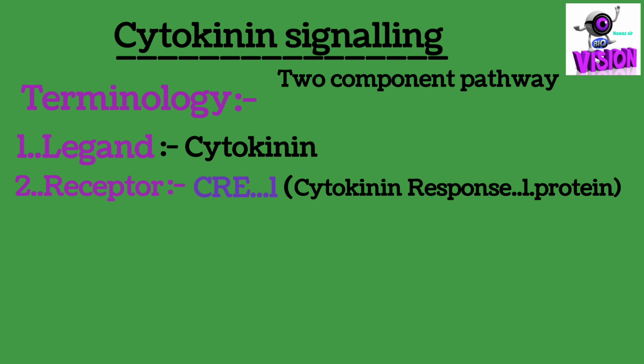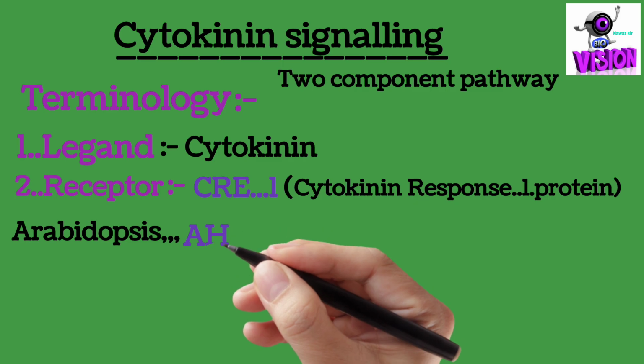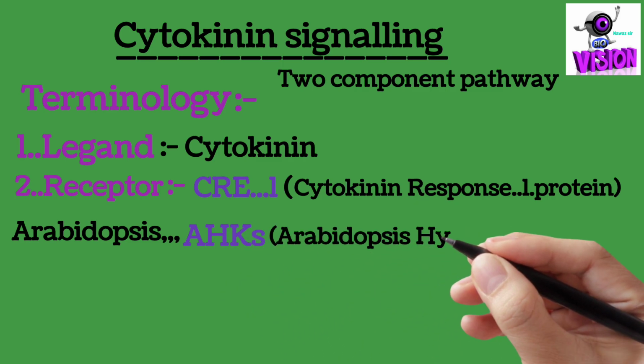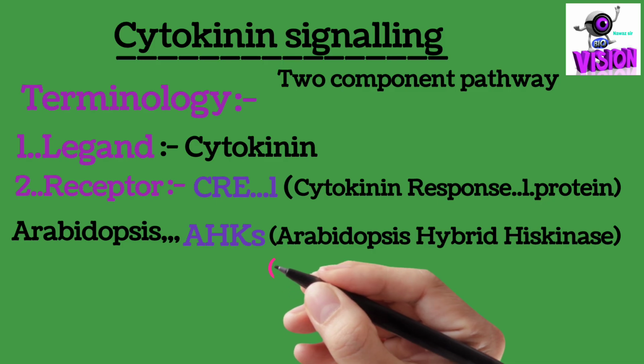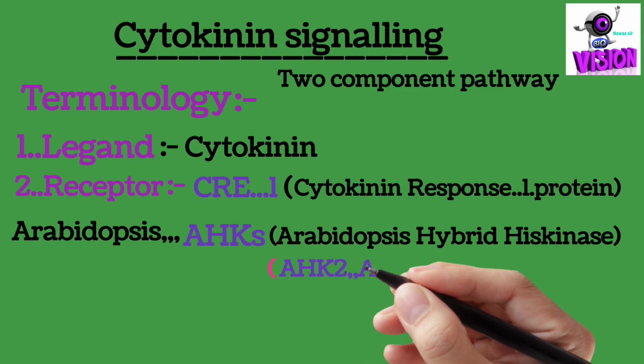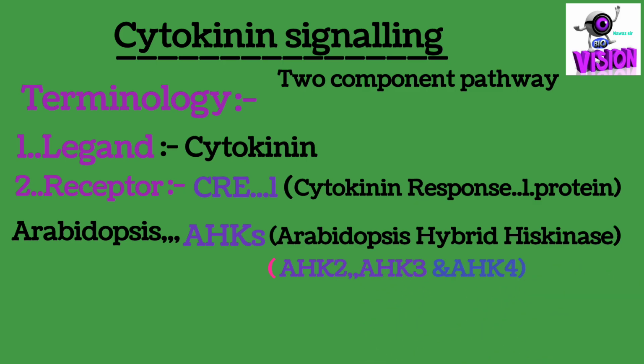However, in Arabidopsis, the receptor has different types. The receptor used is AHKs, meaning Arabidopsis hybrid His kinase. It has three important forms: AHK2, AHK3 and AHK4.